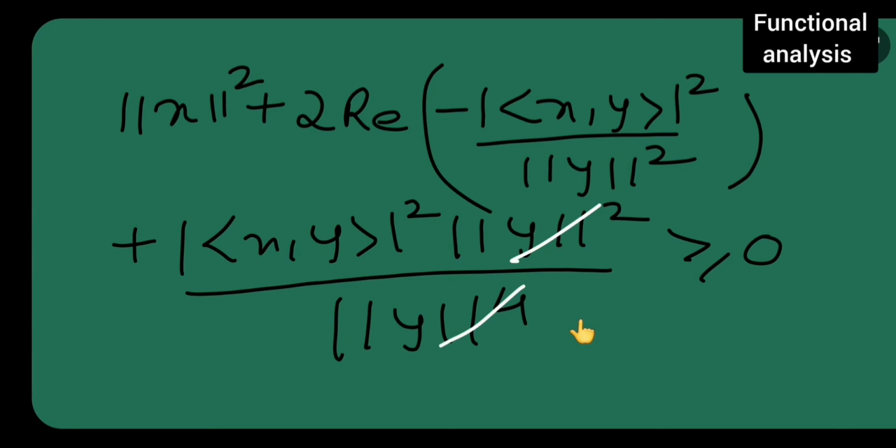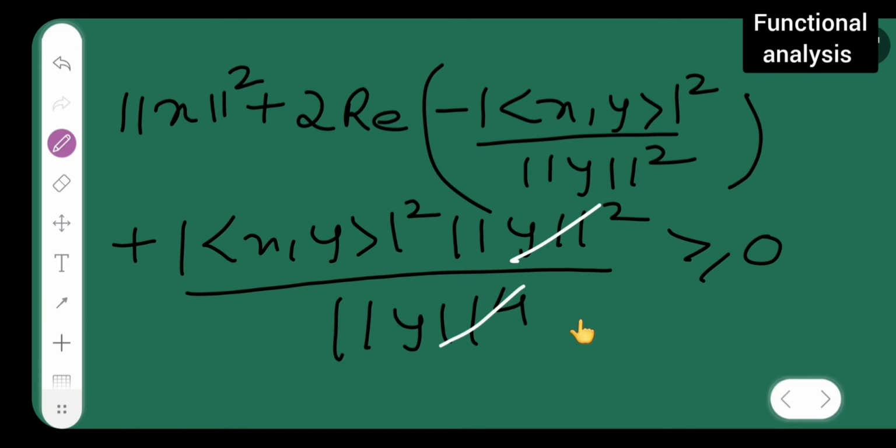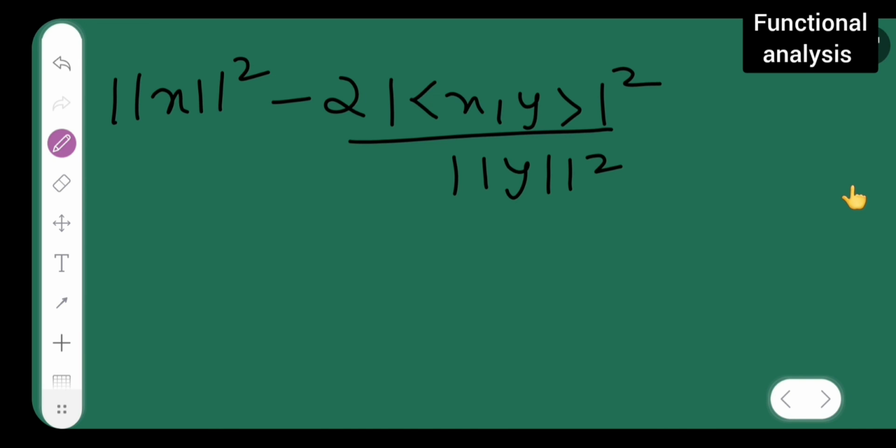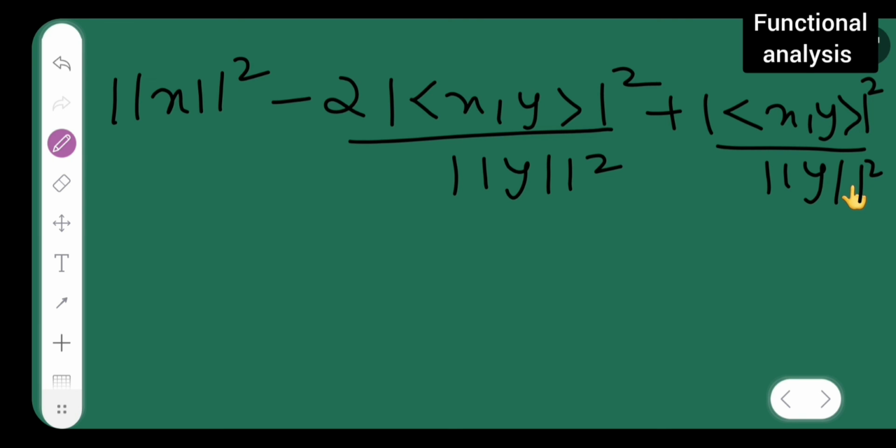So what will remain is norm of x the whole square minus twice modulus of inner product x comma y the whole square upon norm of y the whole square, plus modulus of inner product of x comma y the whole square upon norm of y the whole square, greater than or equal to 0.